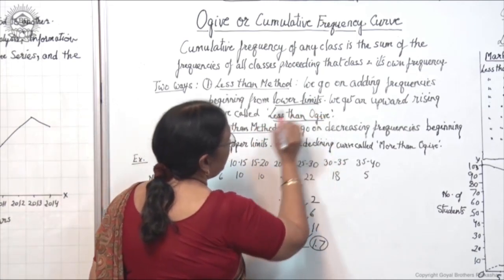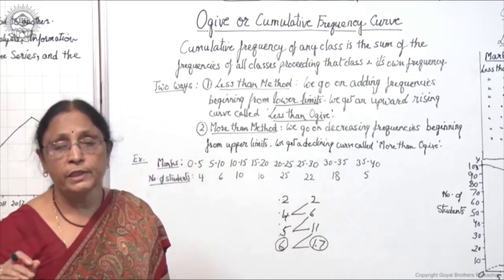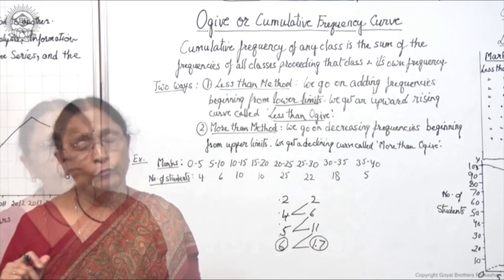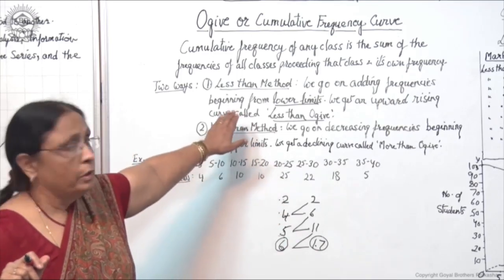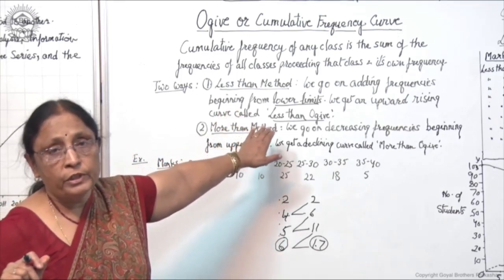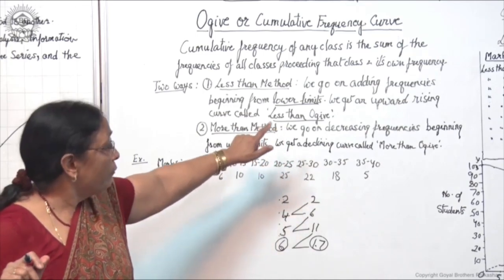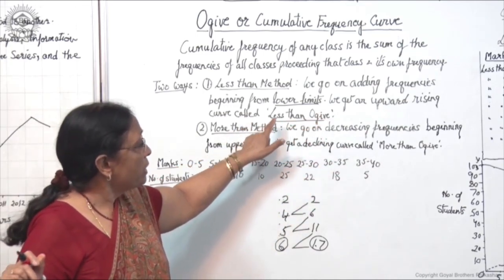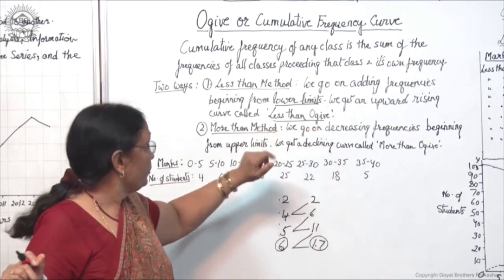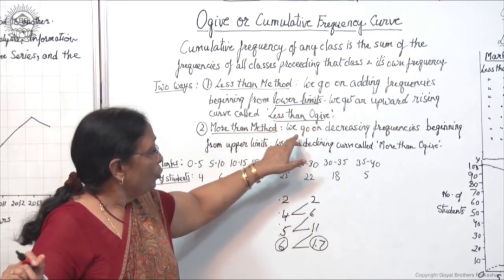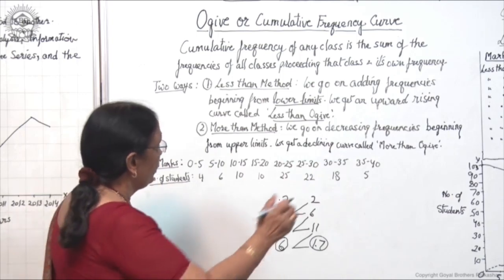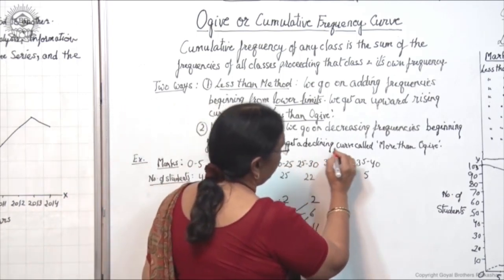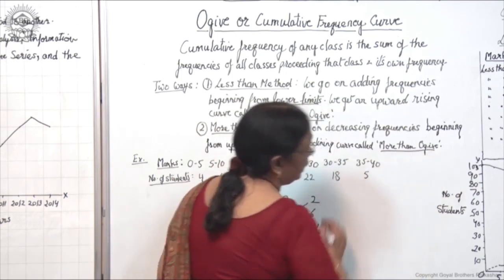So in this we add up frequencies beginning from lower limits, and the curve we plot on the basis of these frequencies will be the upward rising curve, which is called less than ogive. In the more than method, we go on decreasing frequencies beginning from upper limits and we get a declining curve called more than ogive.